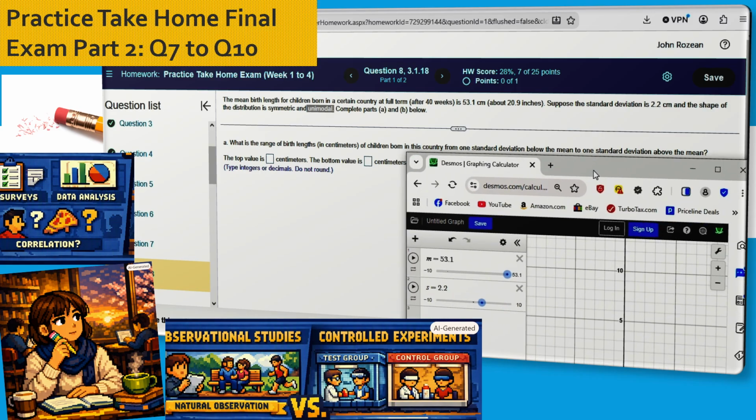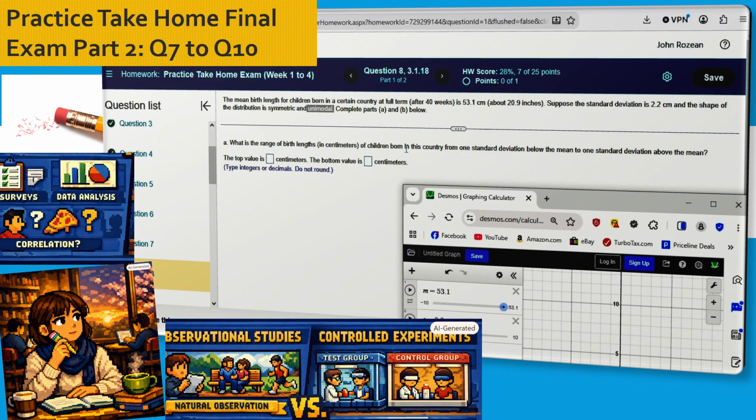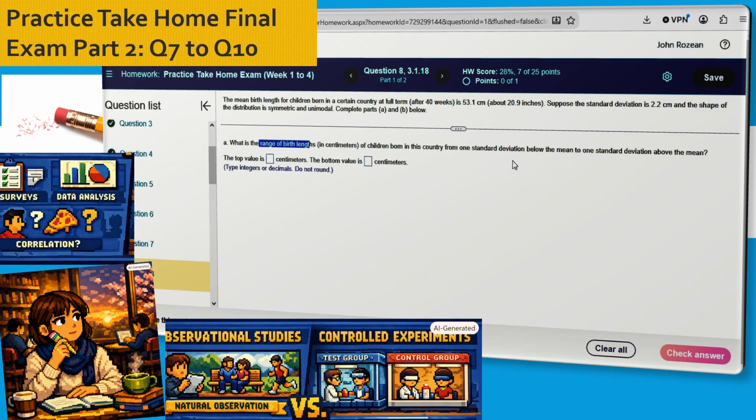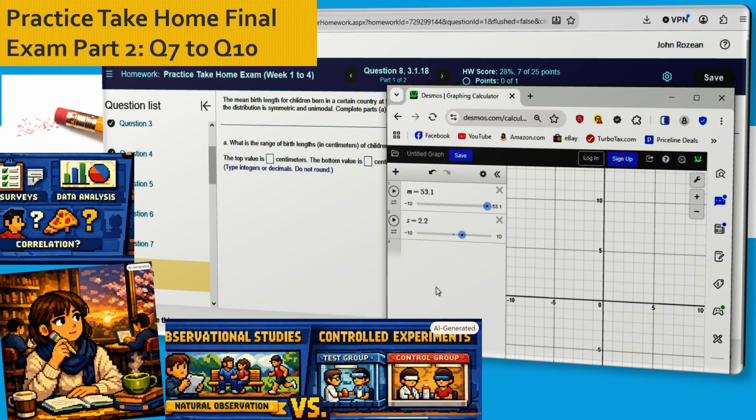So, what is the range of the birth lengths? 1 standard deviation below the mean to 1 above the mean. Okay, so we're going to use this idea. Well, let's just do it this way: mean plus 1 standard deviation would be 55.3.